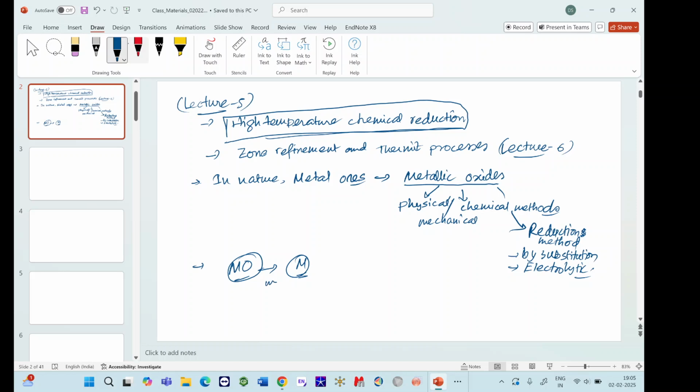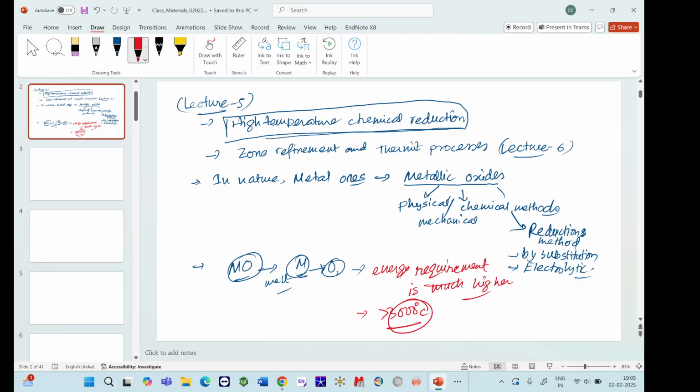The oxide can melt and the metal can come out, but this process is highly energy intensive. You want to heat it to more than 3000 degrees Celsius. This is very high energy, and to do it on an industrial scale is much more difficult, right?